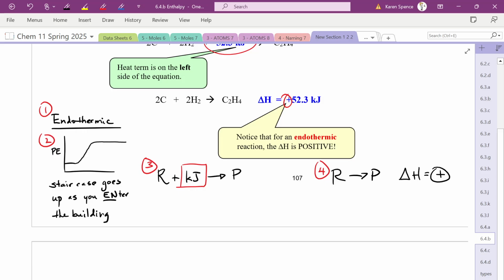Just grab a book. Last day we did 94 to 95.